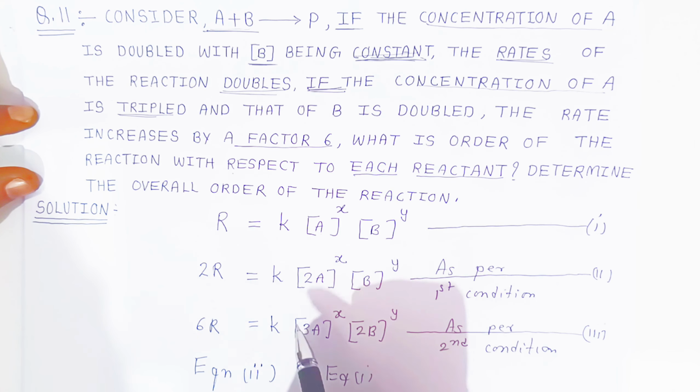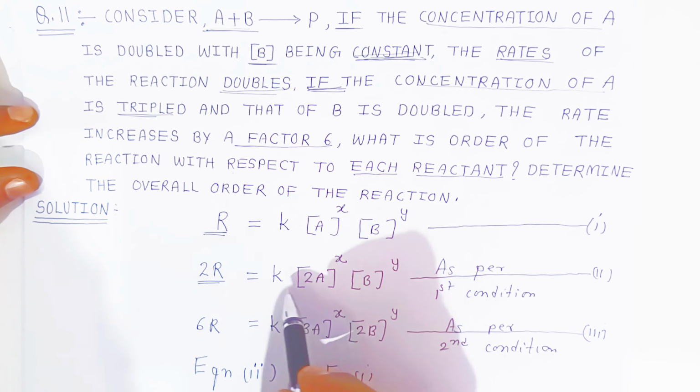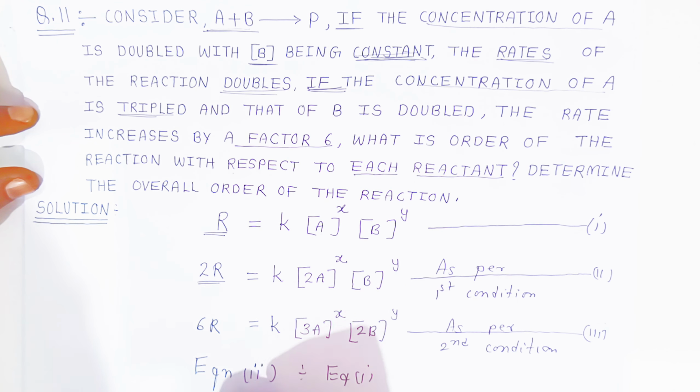So you divide 2R by R, and the right side also you divide. So 2 times R divided by 1 times R equals K into twice of A raised to X into concentration of B raised to Y.